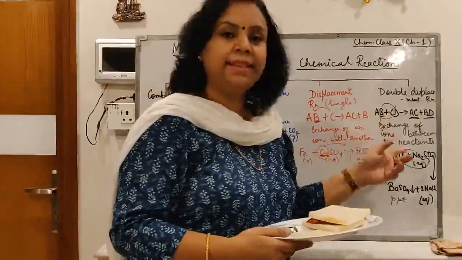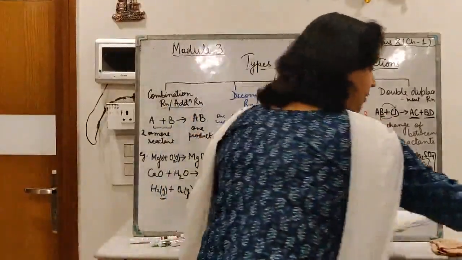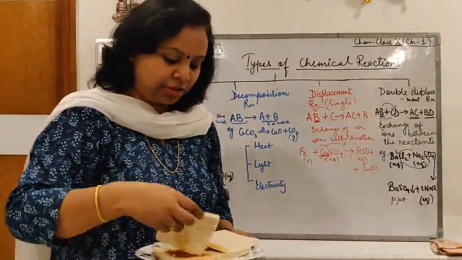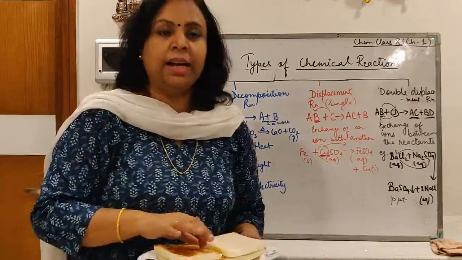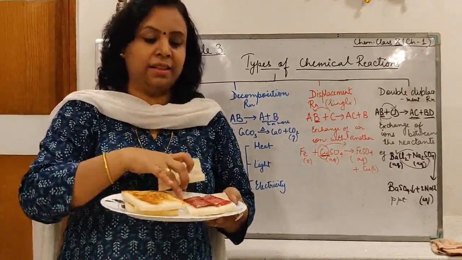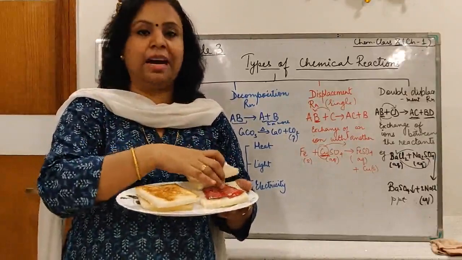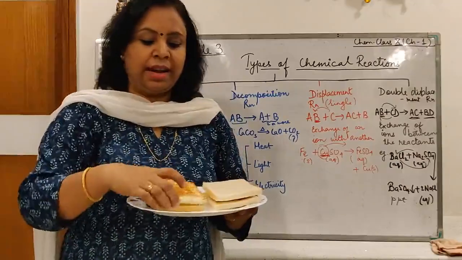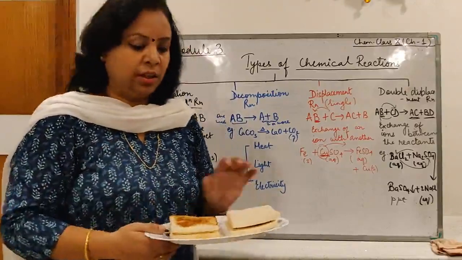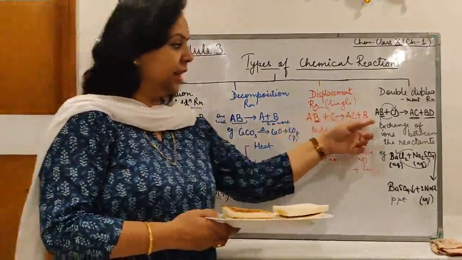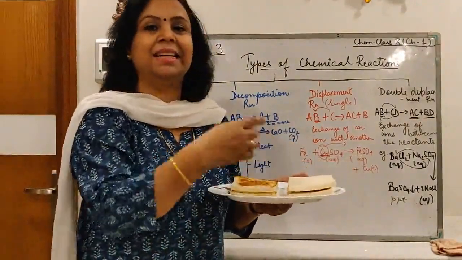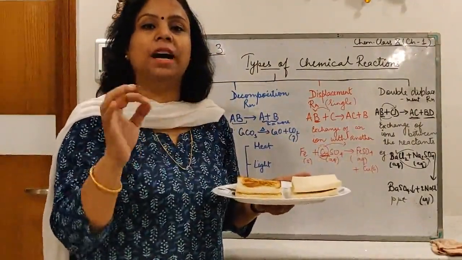Now let us see double displacement reaction. Now see children, I have taken two sandwiches. One is white bread untoasted with tomato, and the other one is toasted bread with cheese. Now these two sandwiches, AB and CD. Now what is happening? There is exchange of ions.